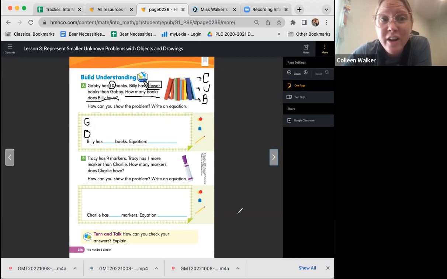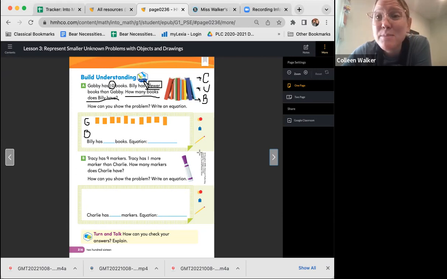Let's start by drawing Gabby's books. How many books does Gabby have? Yes, that's right. She has 10 books. All right, go ahead and count to 10 with me. 1, 2, 3, 4, 5, 6, 7, 8, 9, 10.